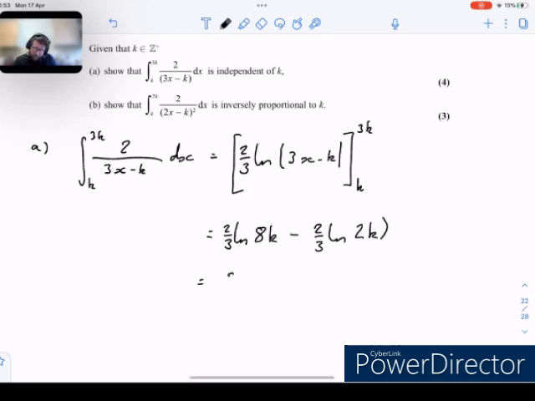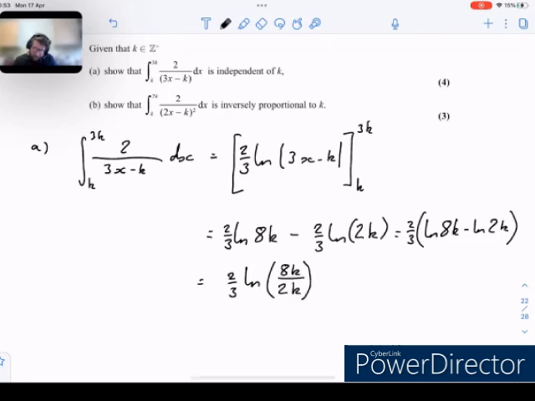So that becomes 2/3 log of, actually, since we're showing this, let's stick in an extra step. Just so that we can be clear why we're doing this. So now we get 8k over 2k.